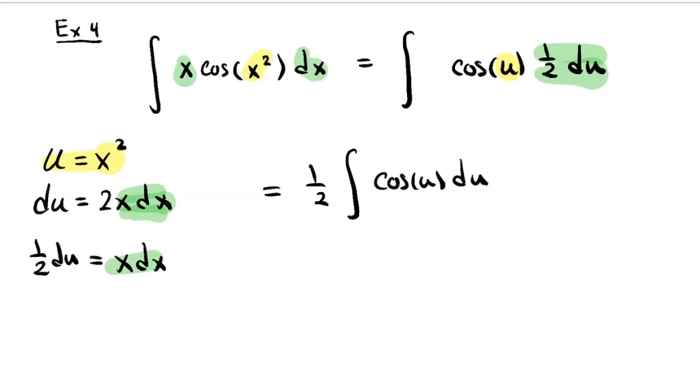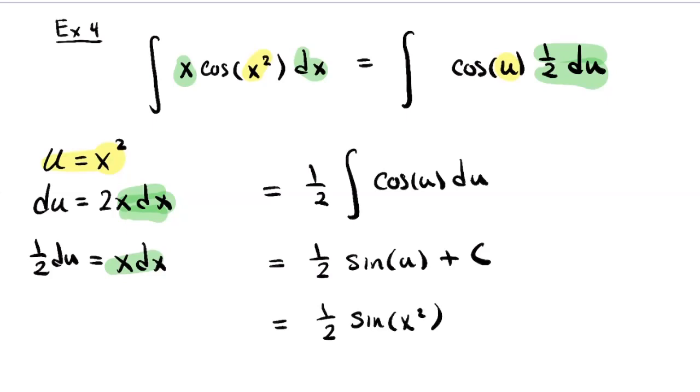The essence of this problem is integrating the cosine function. I'll multiply it by 1/2 later. The antiderivative of cosine is sine plus a constant. And since the original variable was in terms of x, so there's my answer. I'll let you check it with differentiation.